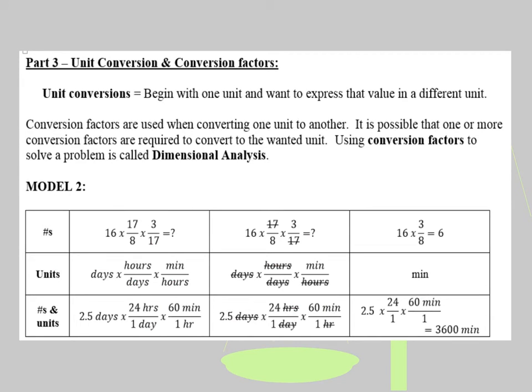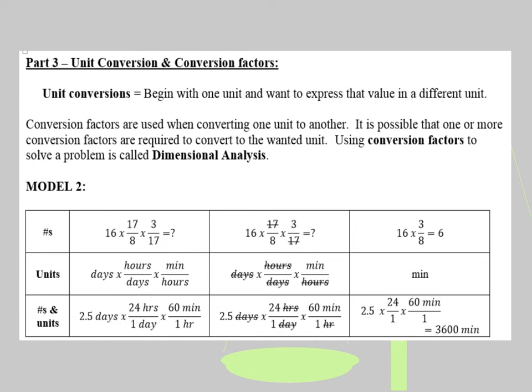Now I'm going to focus on the numbers: 2.5 times 24 over 1 times 60 over 1. I can't really cancel any numbers out because there's no common number. So what I end up doing is I multiply it out, 2.5 times 24 times 60, and that gives me 3,600. I get minutes for units because that is what is left over.